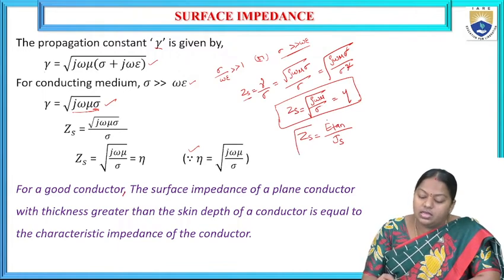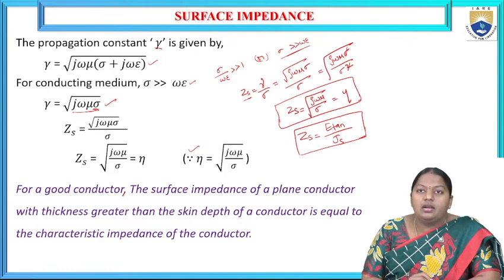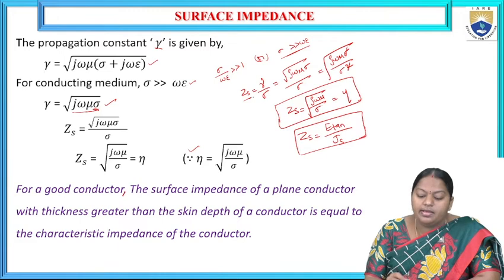Hence, Zs is equal to E tan by Js. Now, in order to get this relation between surface impedance and intrinsic impedance, we consider linear current density integration. Then from that, Zs is obtained as Zs equal to gamma by sigma.